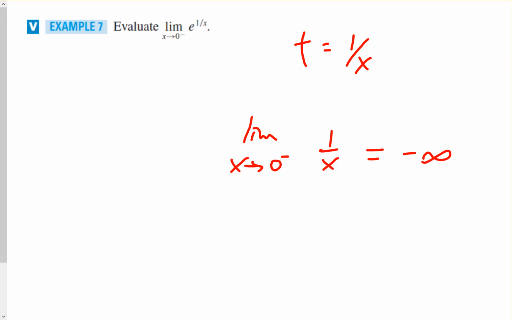Okay, so here basically we have our t going to negative infinity.